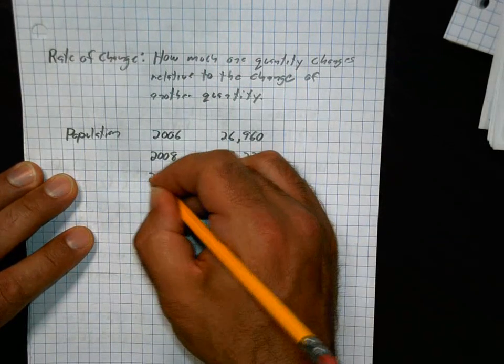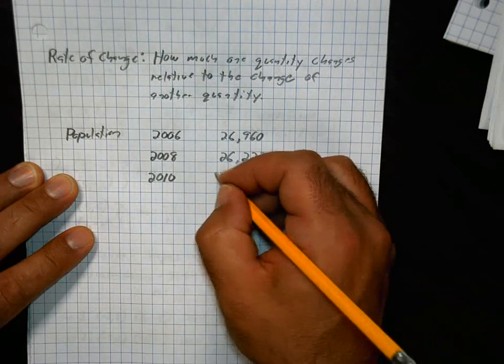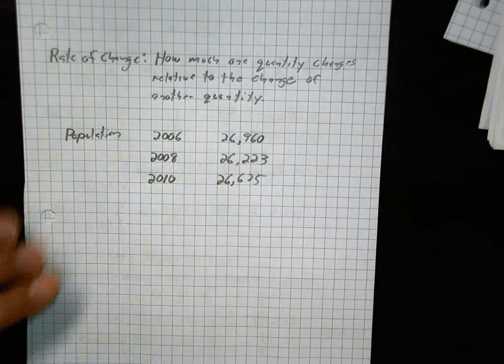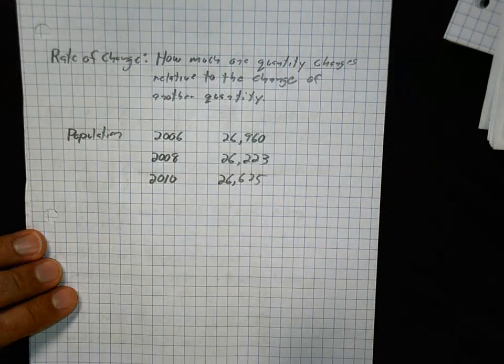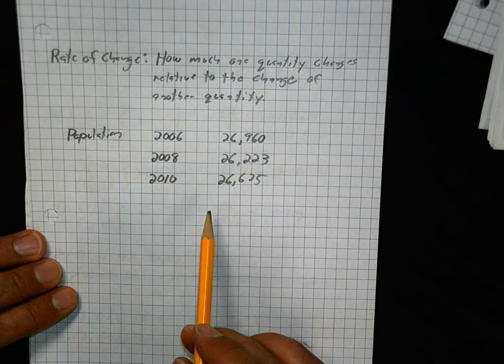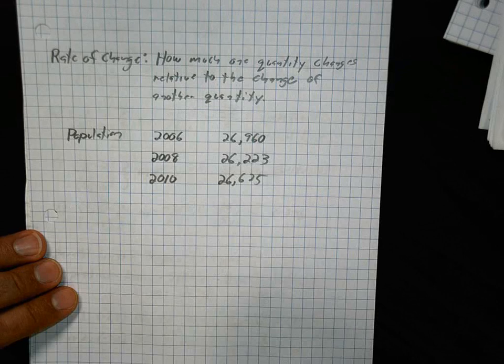And in 2010, we had a population of 26,625. Okay. So what if I wanted to determine the rate of change of the population from 2006 to 2010?